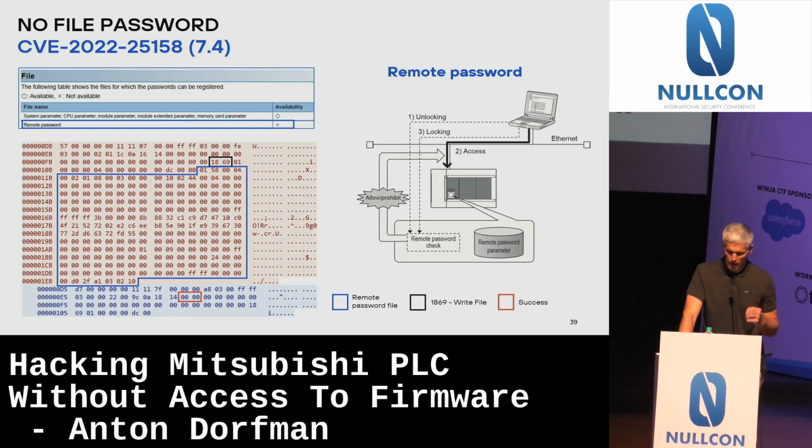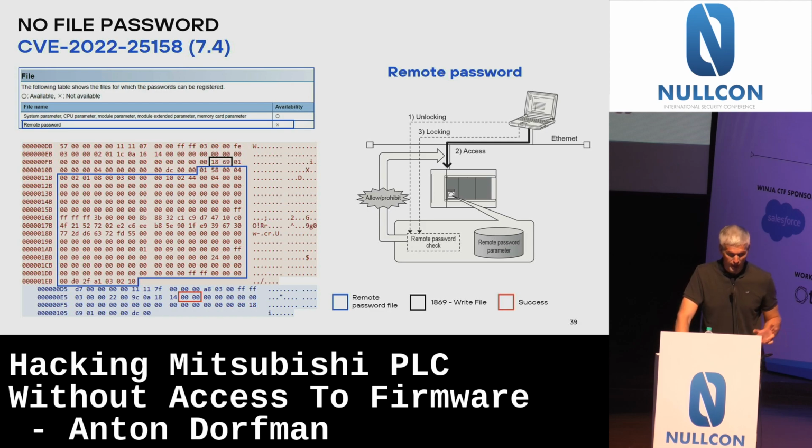The next bug is also about the file password, and it's the cool thing about the RTFM rule. We just got it from the manual. It means that there is a file for the remote password, and it's not protected by the file password.